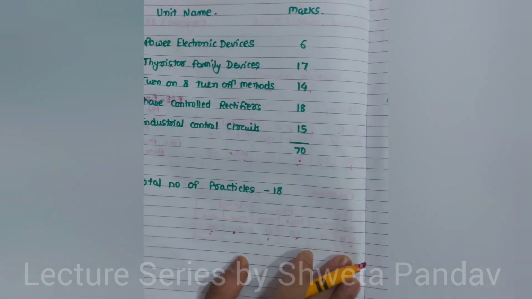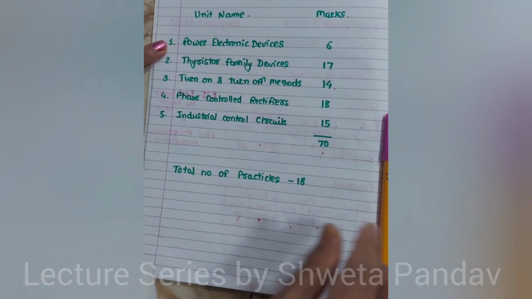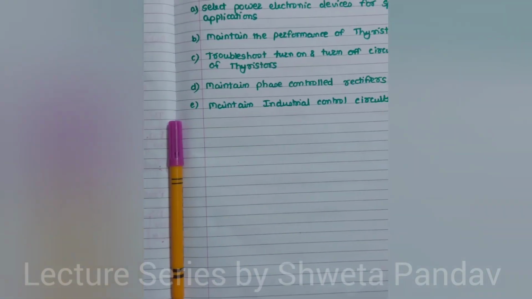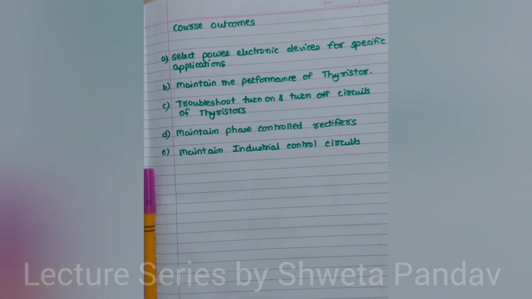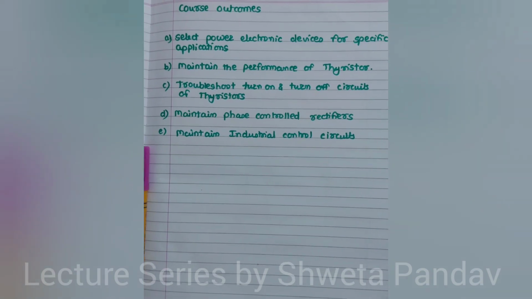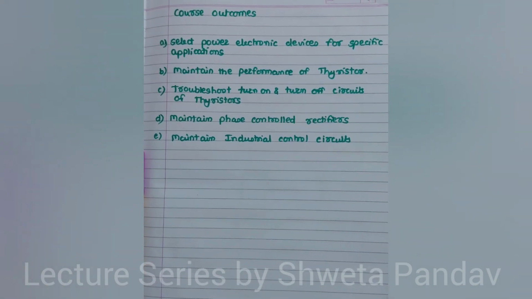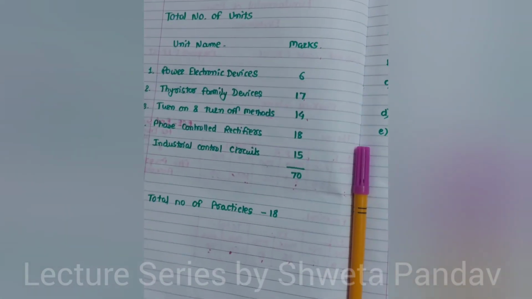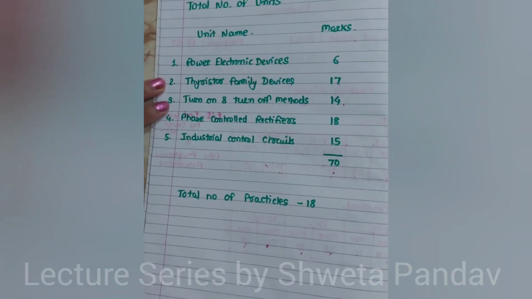In the first chapter we are dealing with various power electronic devices, such as power BJT, power MOSFET, IGBT, and silicon SCT.